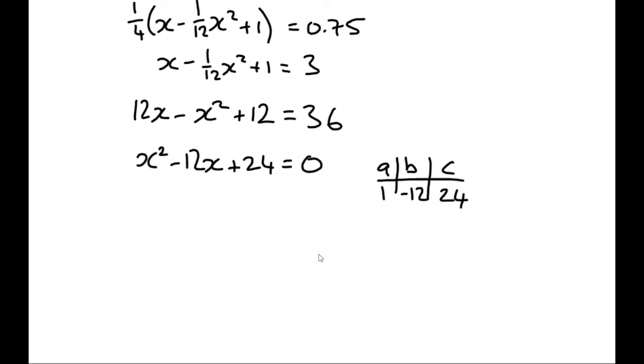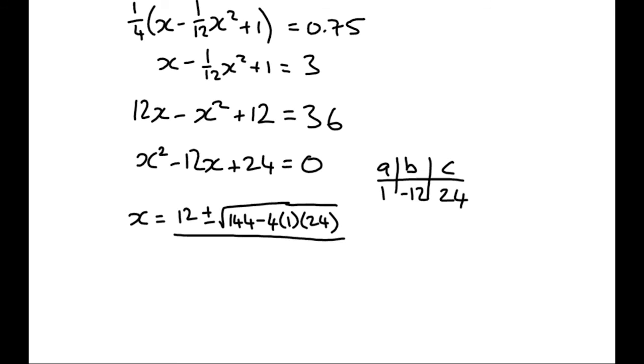All of these into the quadratic formula. So negative B plus or minus the square root of B squared minus 4 times A times C. All of that will be divided by 2 times A.